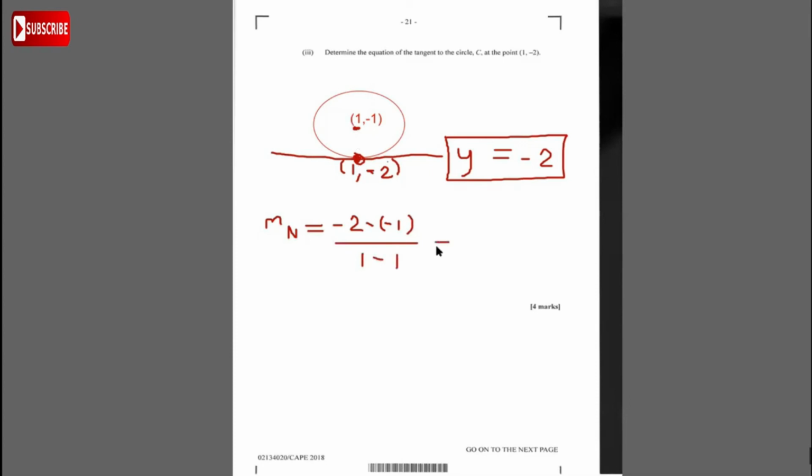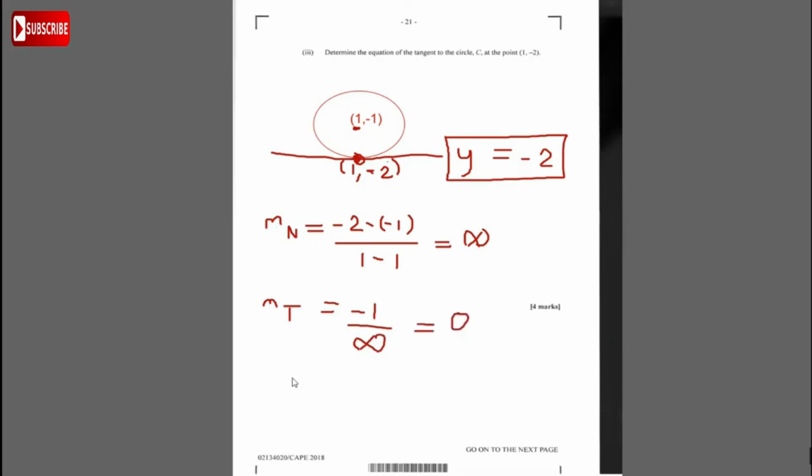And so the gradient of the normal is undefined, or as we would say, infinity. But if the gradient of the normal is infinity, then the gradient of the tangent is minus 1 over infinity, and minus 1 over infinity is 0. The gradient of the tangent is 0.